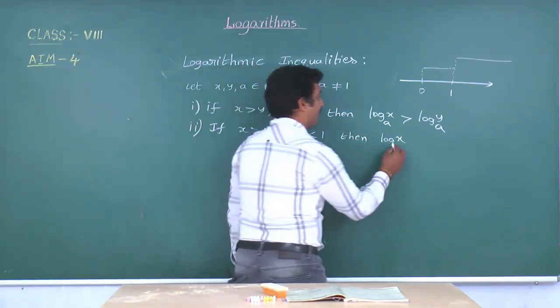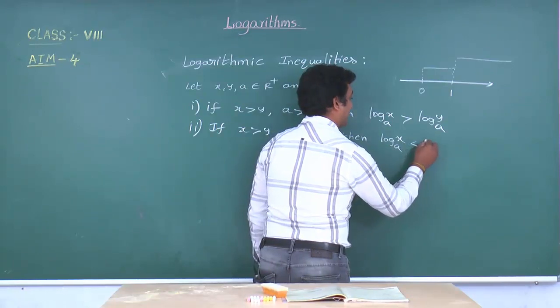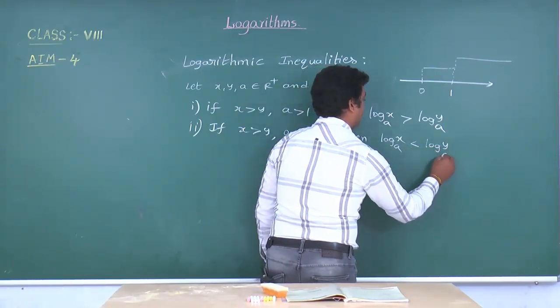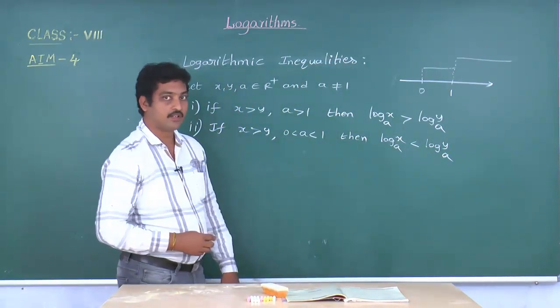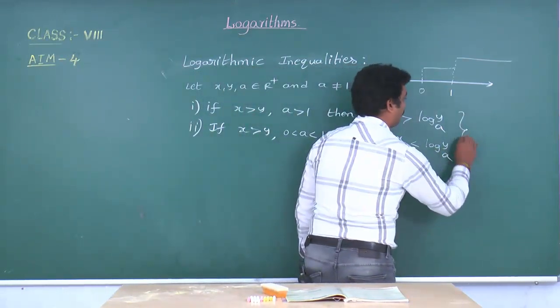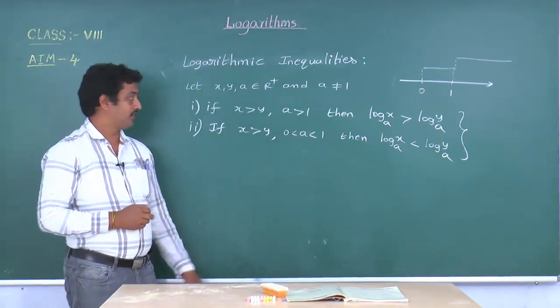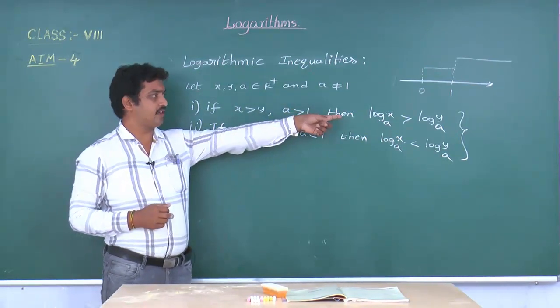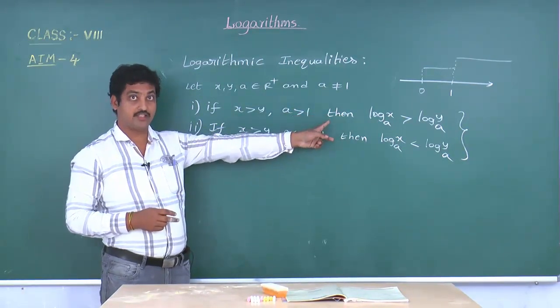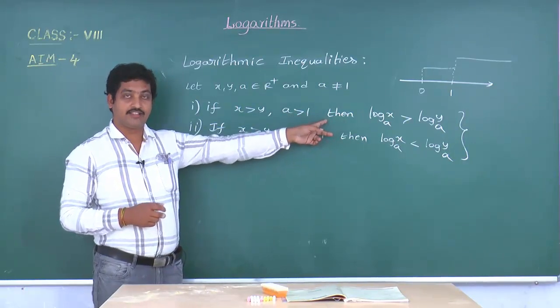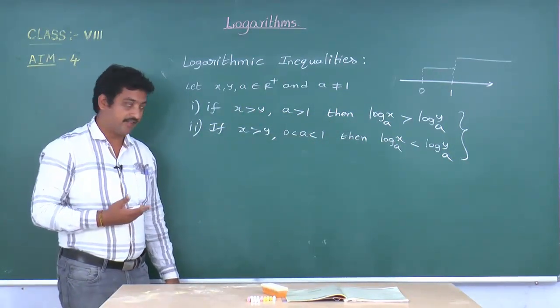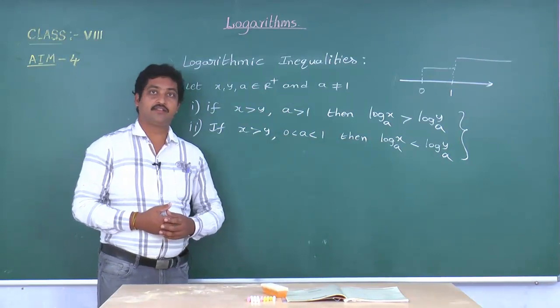That's why here log x to the base a is less than log y to the base a. From these two, we can understand one point. The same inequality carries over between the logarithmic numbers also if the base is greater than 1. The inequality will be changed if the base lies between 0 and 1.